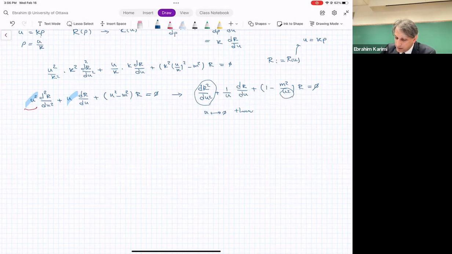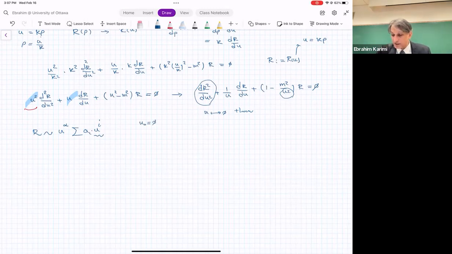So then, in order to solve the problem, we say that the solution for R will always be the summation of a_i u to the power of i. But since there is a singularity, that will go with u to the power of alpha, and the expansion will happen around u0 equal to 0, the point of singularity.